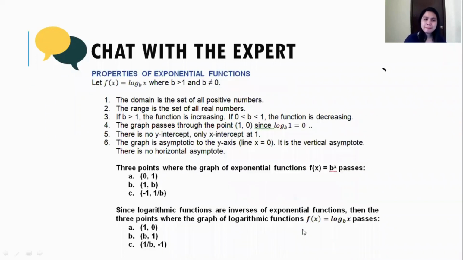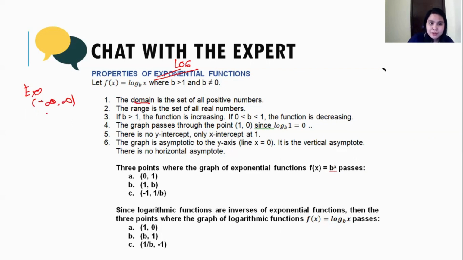Here are some properties of logarithmic functions. The first is the domain. Let me write here for the exponential. For the exponential, the domain is all real numbers, right?